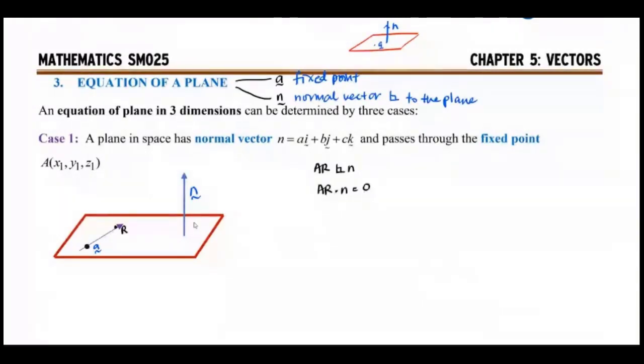Okay, so AR kita tahu dia adalah OR minus OA dot with the N equal with 0.